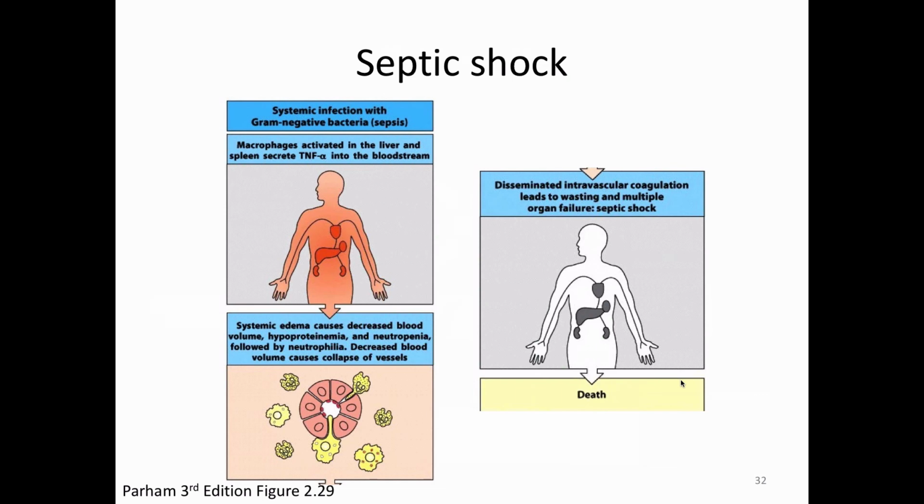We can also imagine potentially some coagulation issues. This patient is now going to have severe problems systemically that could potentially lead to muscle issues, that could potentially lead to wasting. And this phenomenon is known as septic shock, where we're seeing this inflammatory response body-wide.